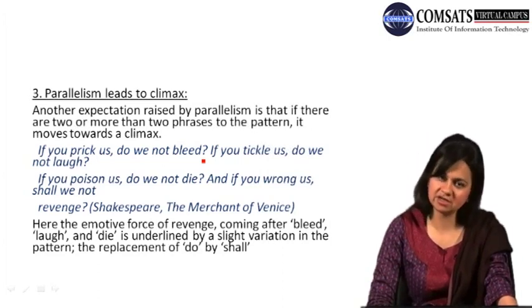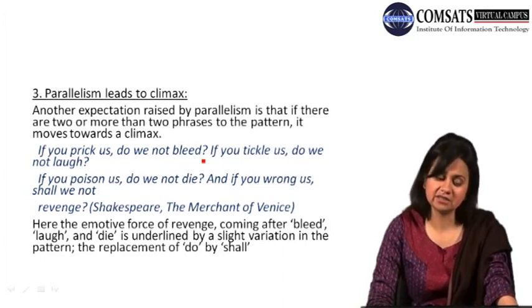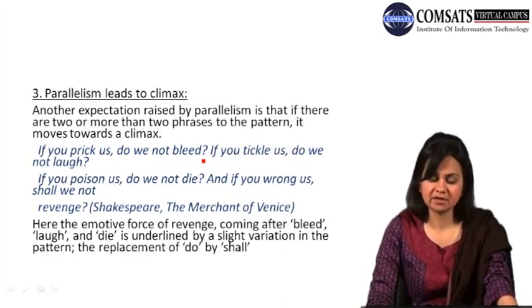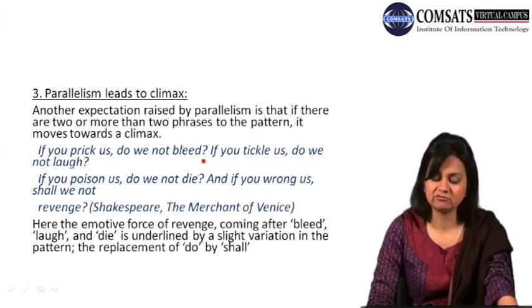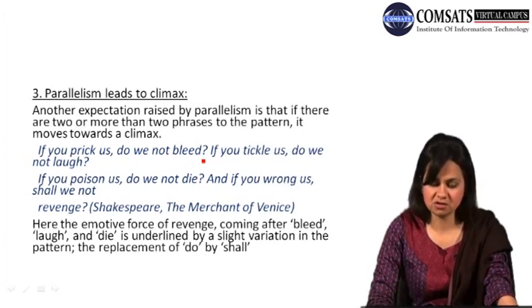If you tickle us, do we not laugh? And then in the third line, prick and tickle change into poison, and bleed and laugh change into die. And then in the fourth line, prick, tickle, poison are replaced with wrong, and bleed, laugh and die are replaced with revenge.